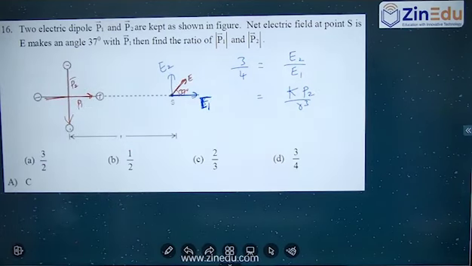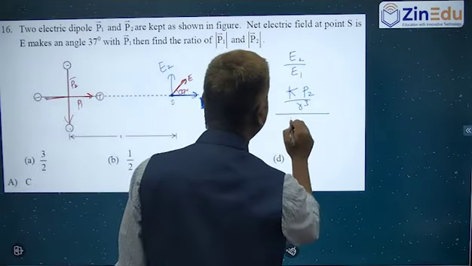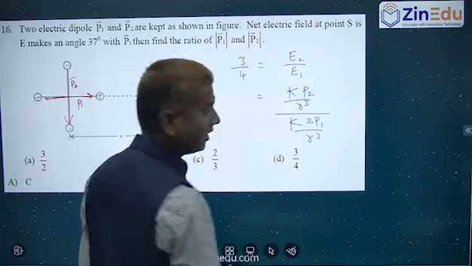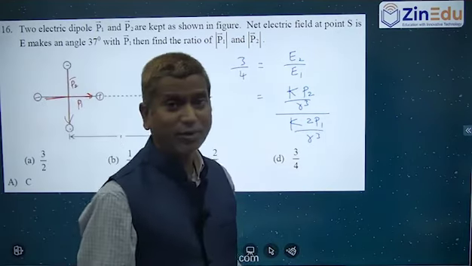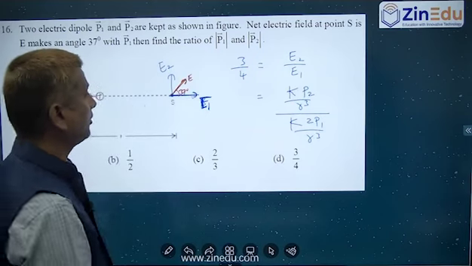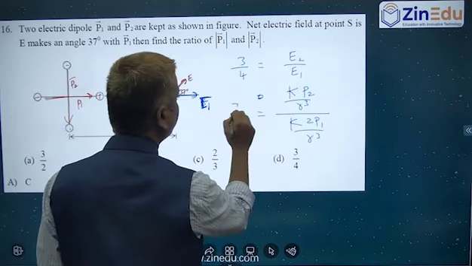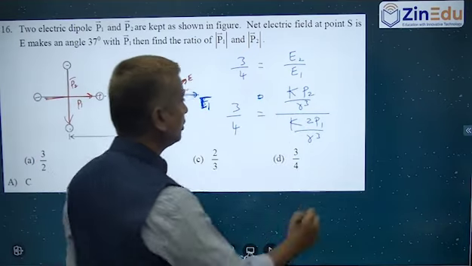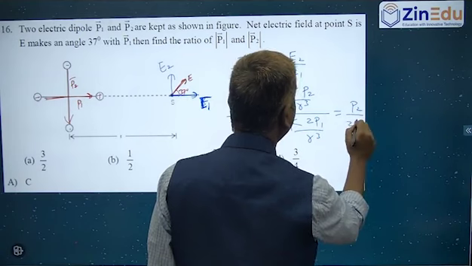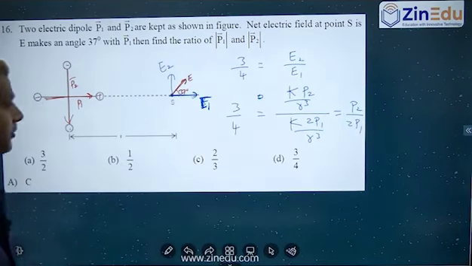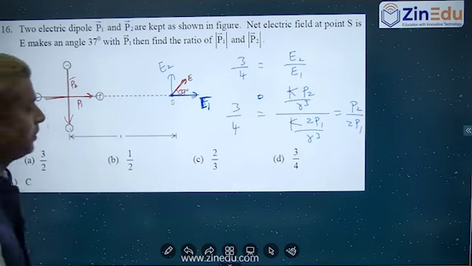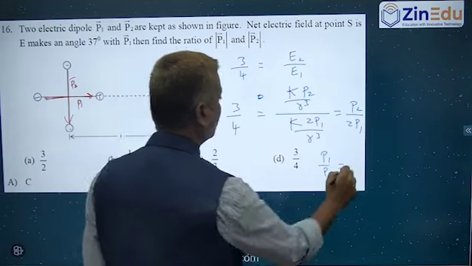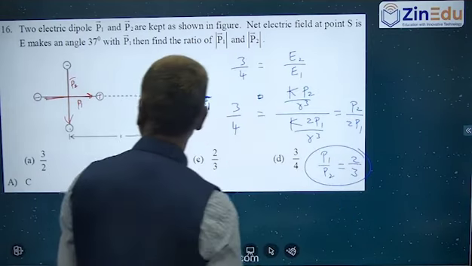Similarly, E1 is K times 2P1 by R cube, because the axial line formula is K times 2P1 by R cube. That is equal to 3 by 4. Now you get a relation between P1 and P2: P2 upon 2P1 is equal to 3 by 4. Then P1 by P2 will be equal to 2 by 3 as the answer.